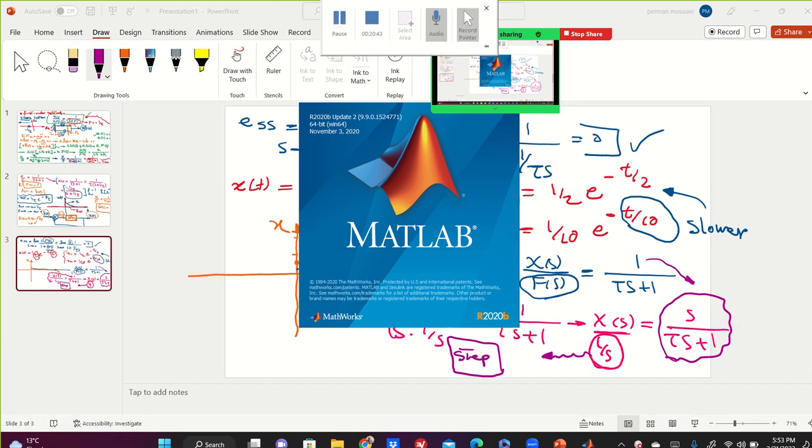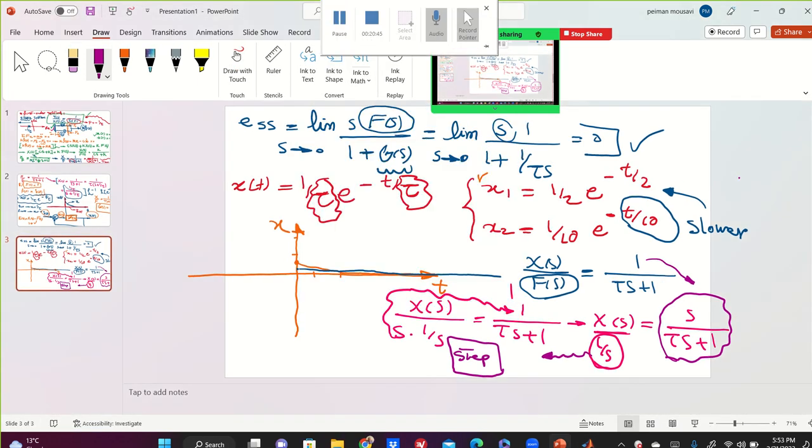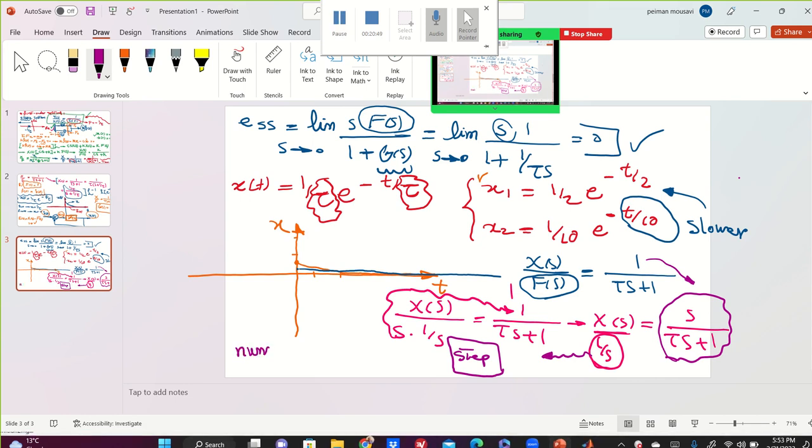By having this different, you can have your numerator, and your numerator is going to be 1 and 0.